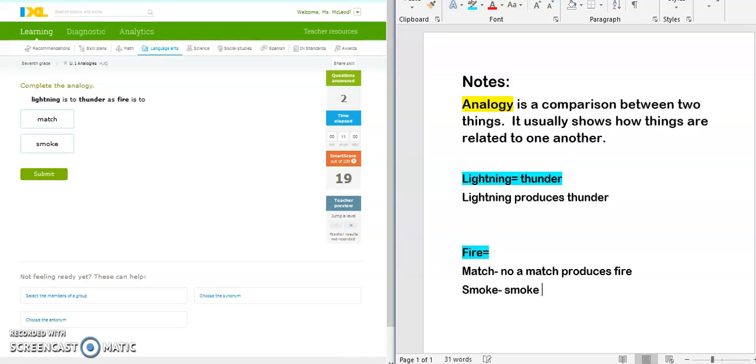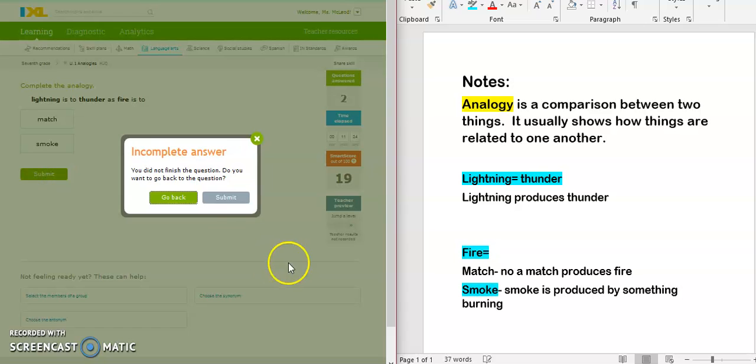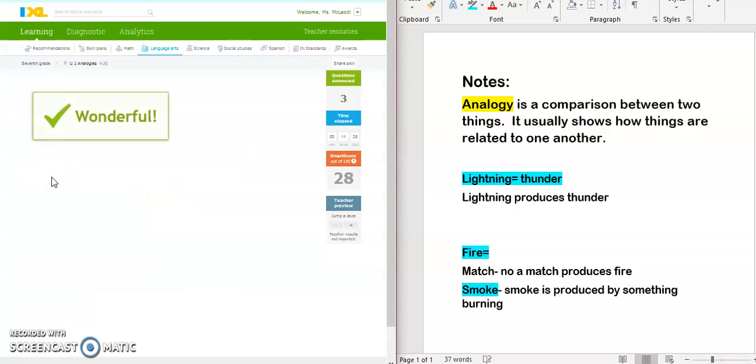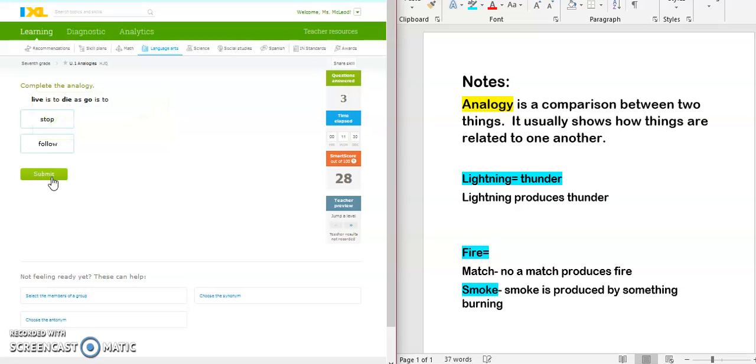Smoke is produced by something burning. So I want lightning is to thunder. So lightning made thunder. What does fire make? And the correct answer is definitely smoke. So let's try smoke. Boom. Perfect.